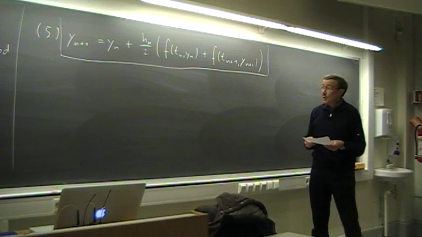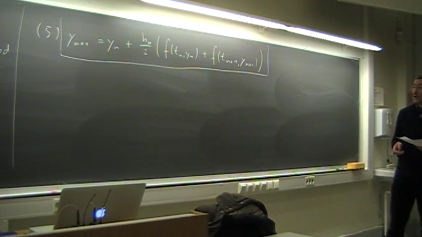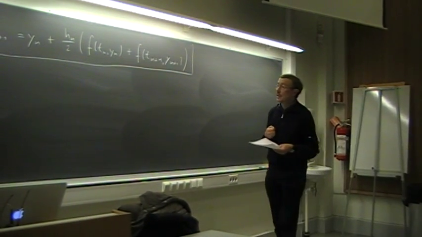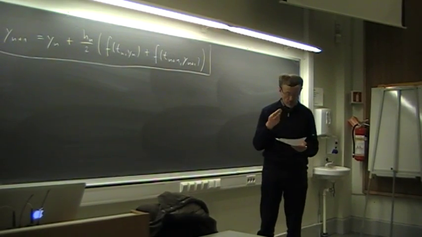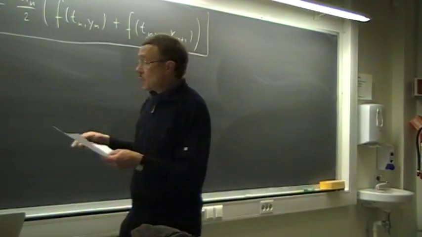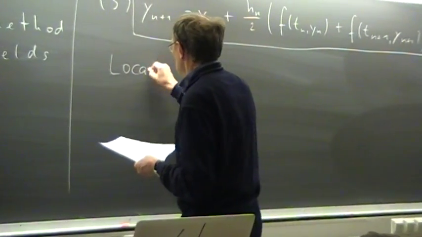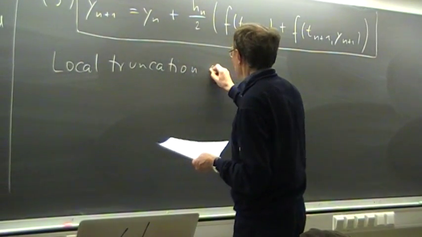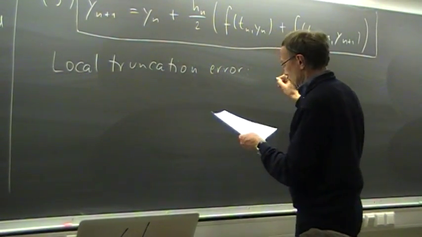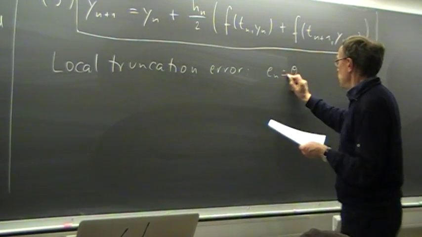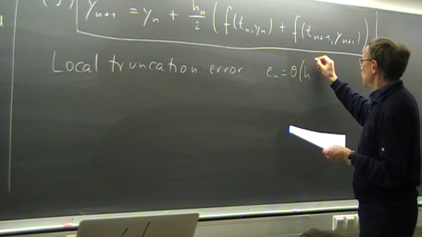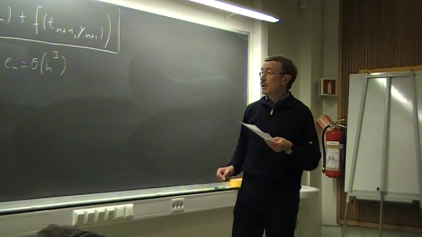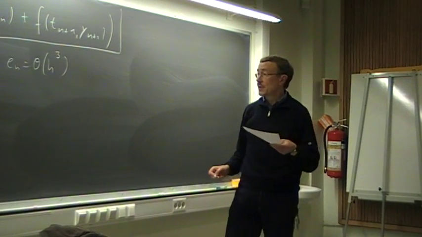So, we can use Taylor expansion and show that the local truncation error is of third order. So, local truncation error is order h to the power 3. So it's one order higher, more accurate than both explicit and implicit Euler method.